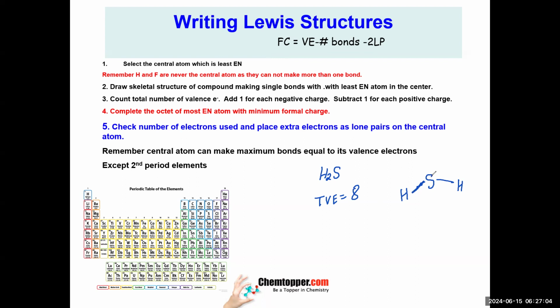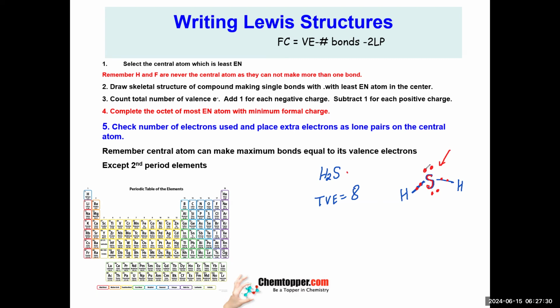Now complete the octet of sulfur. What should I do? Sulfur has 4. 1, 2, 3, 4. 2 bonds means 4. Means 4 more needed. This is the Lewis-Dot structure of H2S. Yes. Check the formal charge on sulfur. Check how many it is giving and how many it is using.